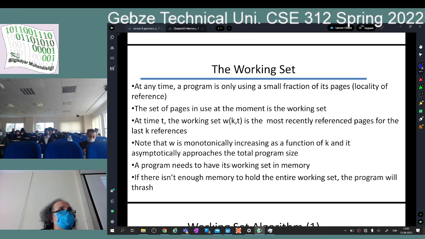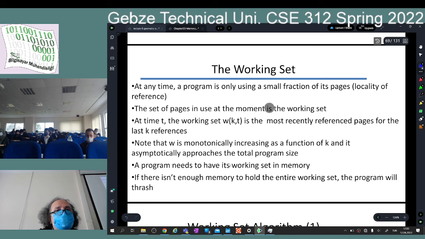So it is using only 1/10 of the largest process size that can be for the draw board. So my draw board program is using only a fraction of it, and we call this fraction the working set. I need this set of pages. That's my working set at this time.